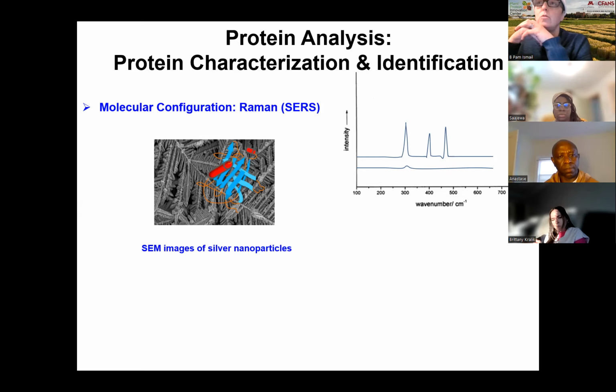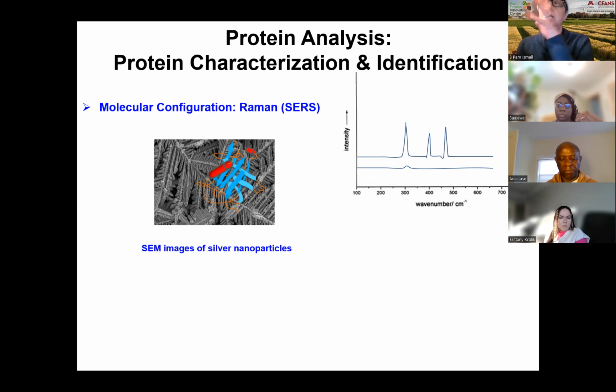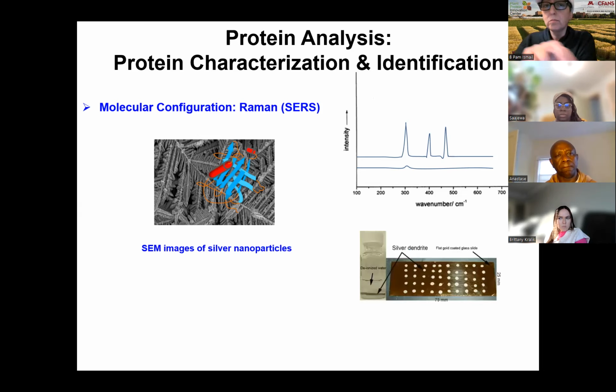IR, usually FTIR, is better in solids because you have moisture interference. But the advantage of running SERS is that you can have protein in liquid, and you can enhance the sensitivity by having it fixated on silver nanoparticles.